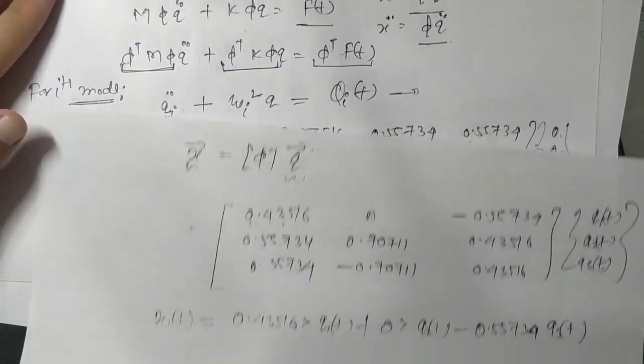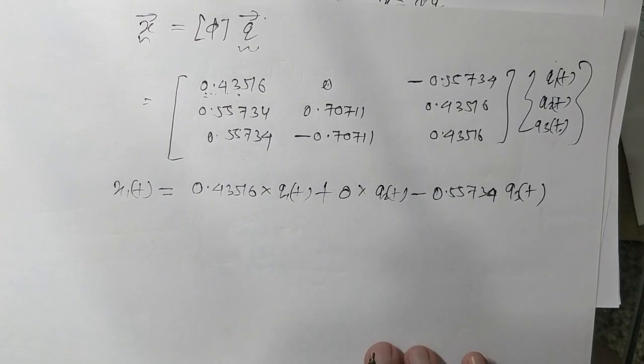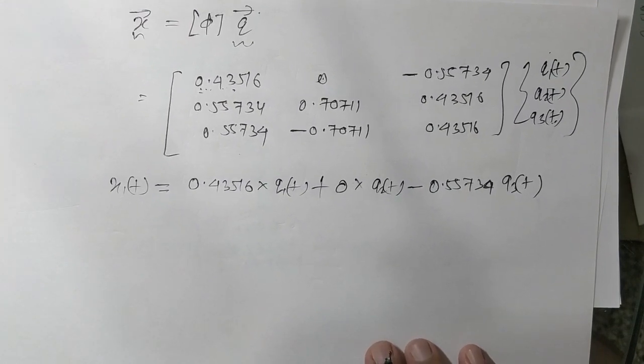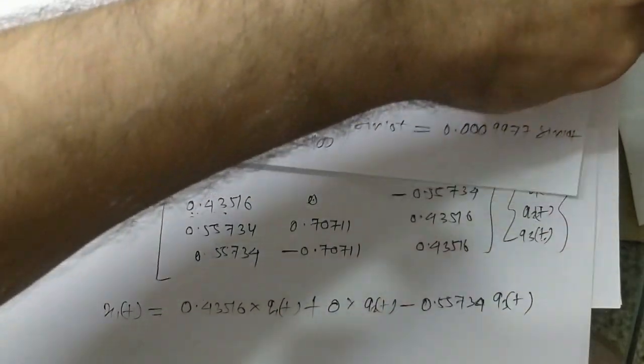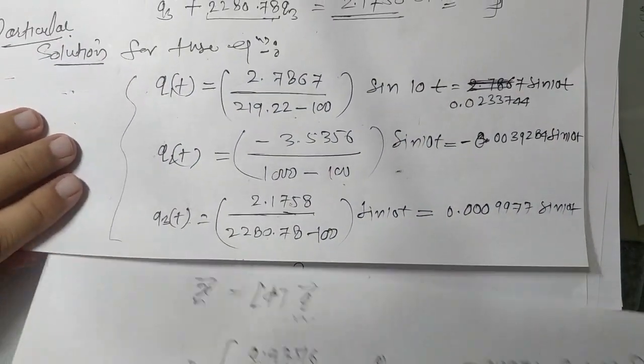We know the values of q1(t), q2(t) and q3(t), so we can use these values.